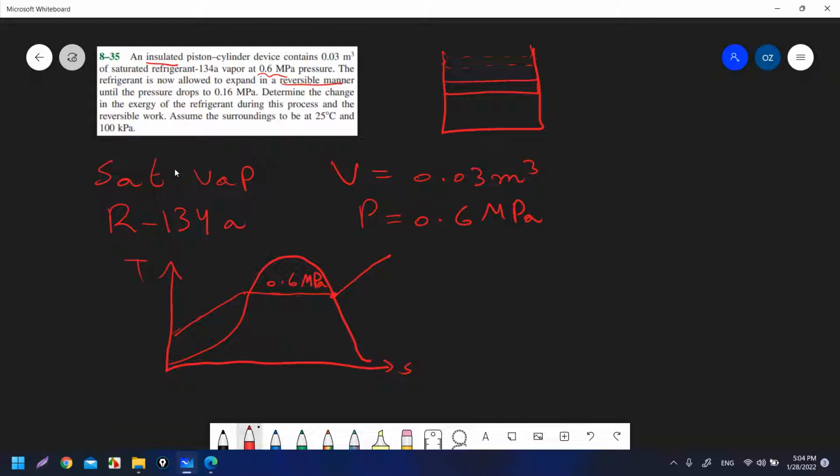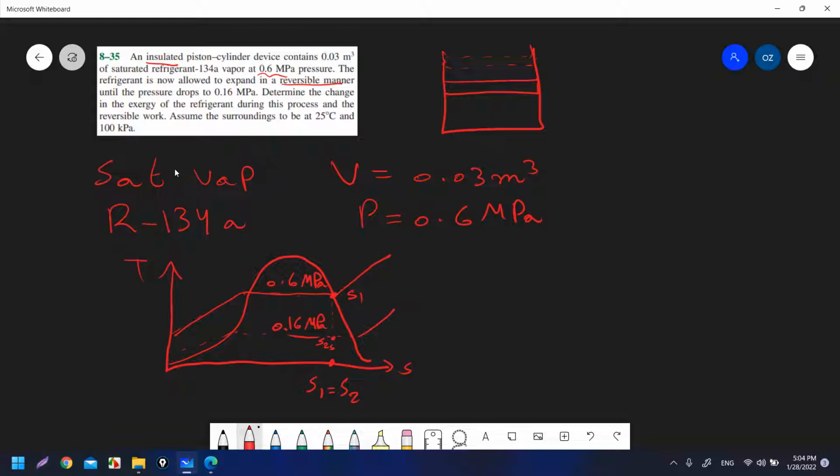If that is S1 at this point, it will expand to this pressure line, 0.16 megapascal, and here is S2s, meaning reversible or ideal. Both of them will have the same value of entropy, S1 equal to S2.